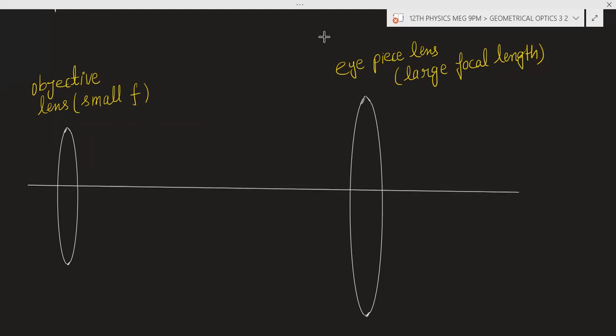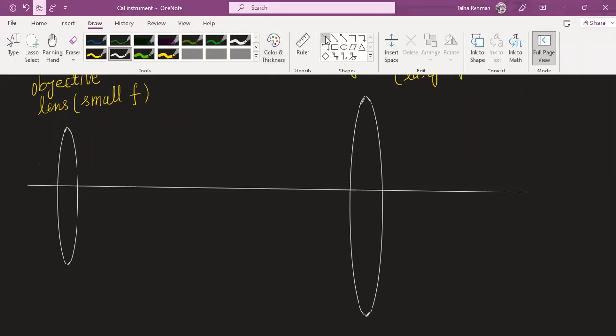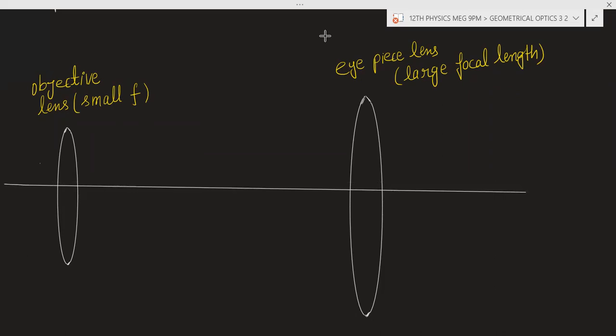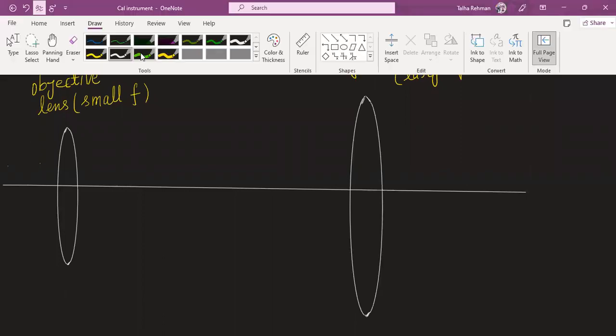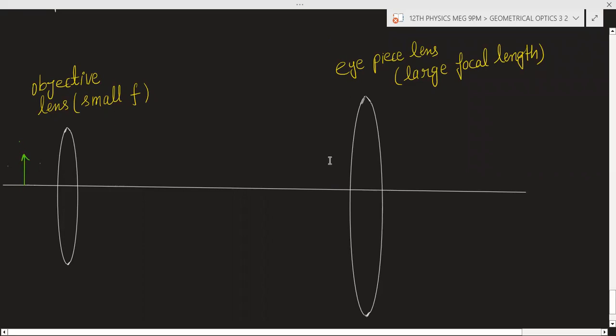Now this is the principal axis of both the lenses. Now there is an object that you want to see in this microscope, and how will that object be seen? Suppose this is that object, and this object is in front of the objective lens.